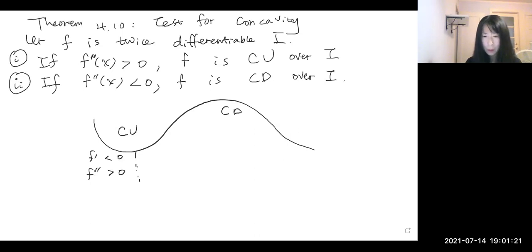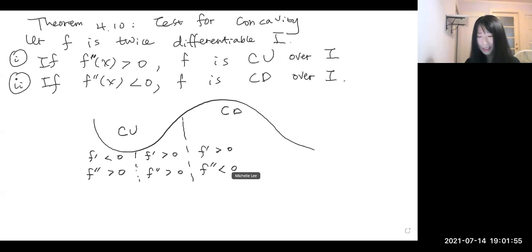And in this part, f prime is greater than 0, and still concave up, so f double prime is greater than 0. Now concave down: f prime is greater than 0, but since it is concave down, f double prime is less than 0. Don't get confused.